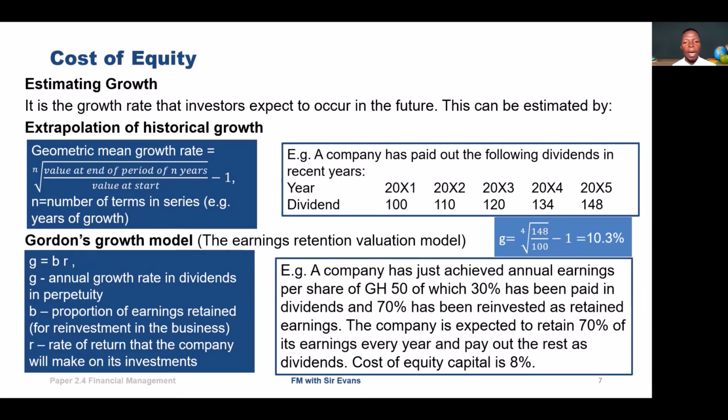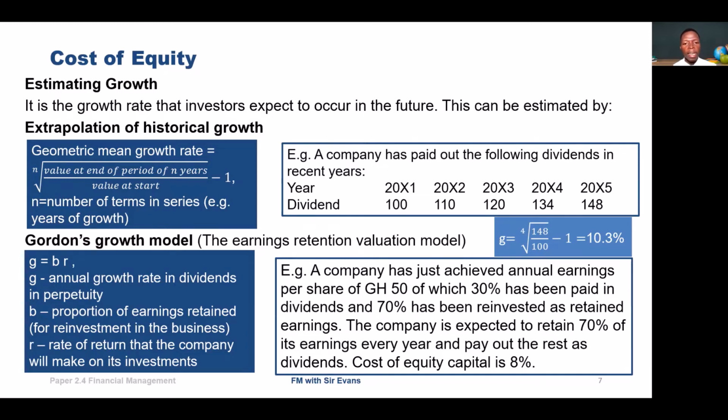So we take a scenario: a company has just achieved annual earnings per share of 50 cedis, of which 30% has been paid in dividend and 70% has been reinvested as retained earnings. So the company is expected to retain 70% of its earnings every year and pay out the rest as dividend, and the cost of equity capital is 8%. To estimate the growth rate, we need to find first our proportion of earnings which is retained.